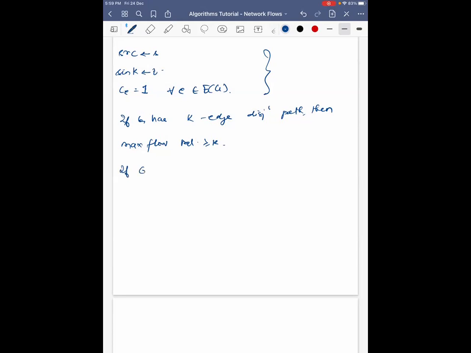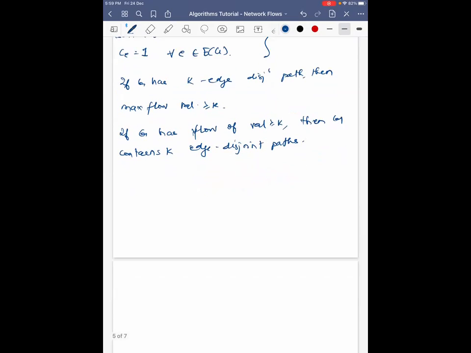If G has a flow of value at least k, then G contains k edge disjoint paths. Now this is where we use the integrality theorem that you have studied. Here in G, every edge has capacity 1, so all edges have integer capacities.